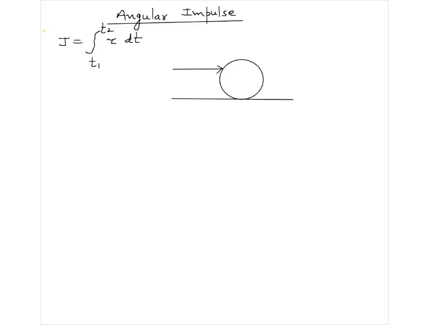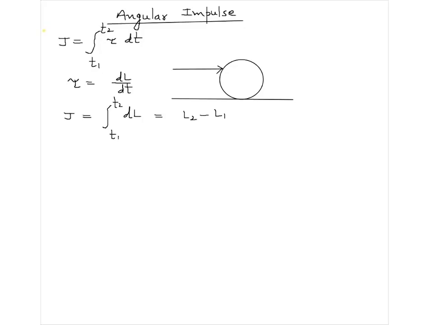That's simple. We know that tau is dL by dt. So tau dt is dL. L in the beginning, L at the end. So L final minus L initial.